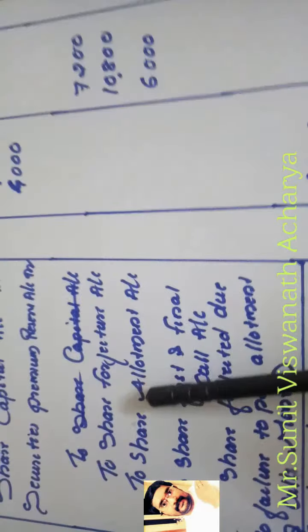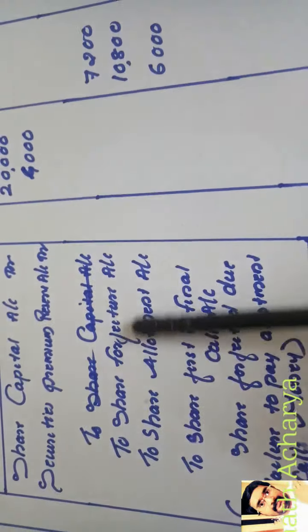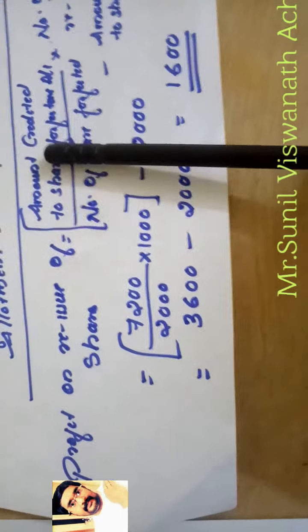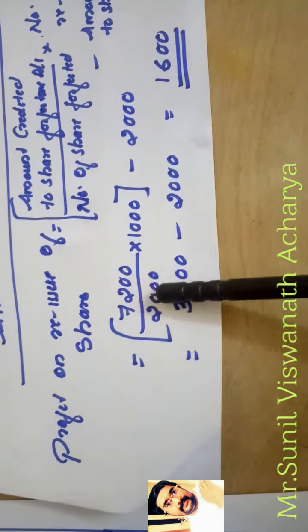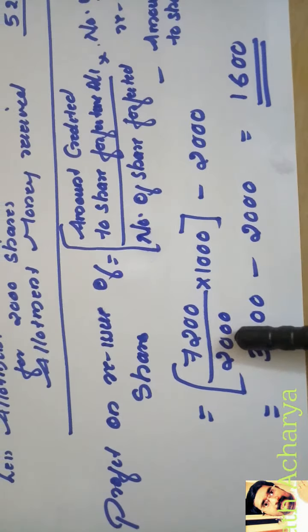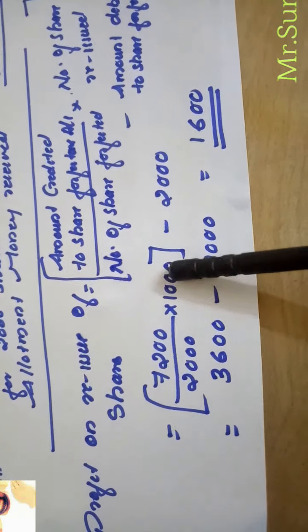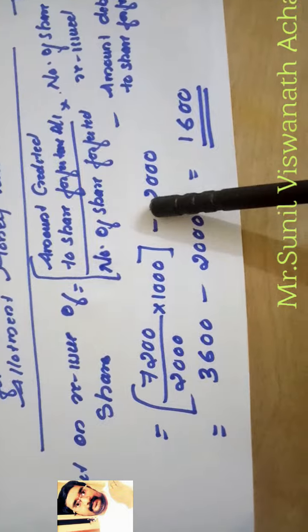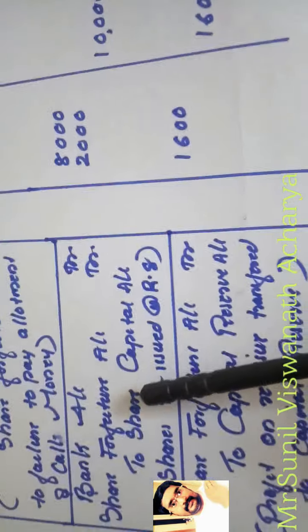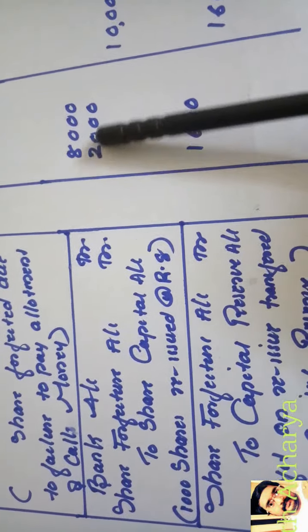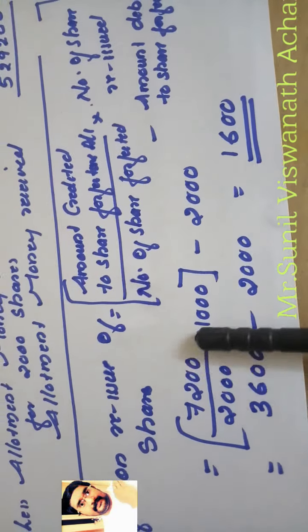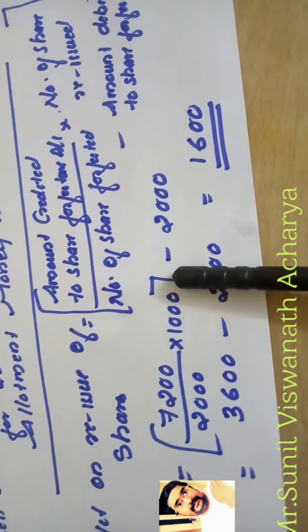Here the amount credited to share forfeiture account we already calculated. At forfeiting time the amount credited to share forfeiture account is 7200, that we will write here. Number of shares forfeited is how much? 2000. And number of shares reissued how much? Only 1000. Minus amount debited to share forfeiture account at reissue time, how much? 2000. So that is 7200 divided by 2000 into 1000.